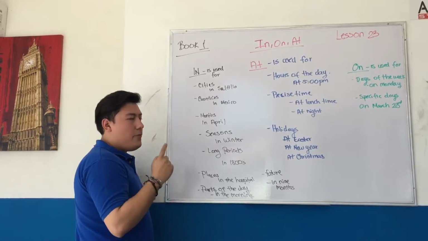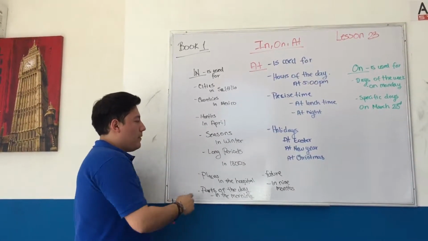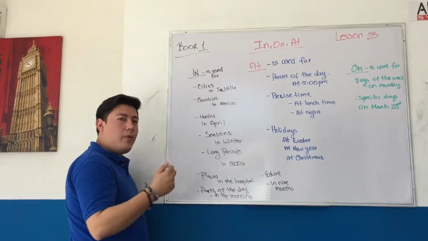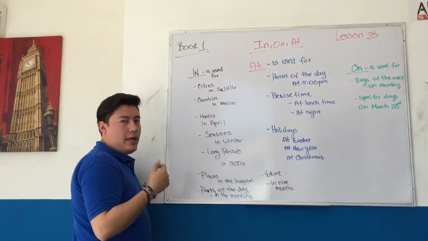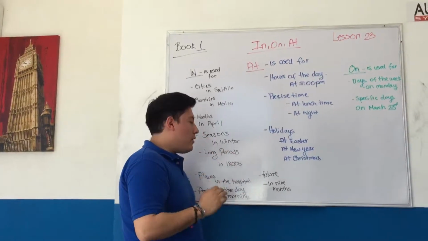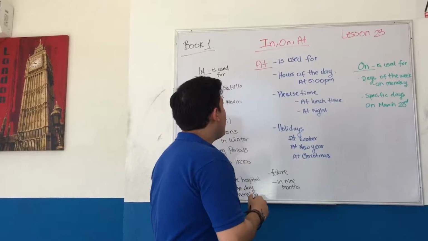Okay, seasons, in winter, spring, summer, autumn, long periods of time, in 1800s, places, in hospital, in park, in shop, parts of the day, in the morning, afternoon, in the evening. Okay? In when we talk about future, in 9 months, in 5 days, in 3 minutes, etc.